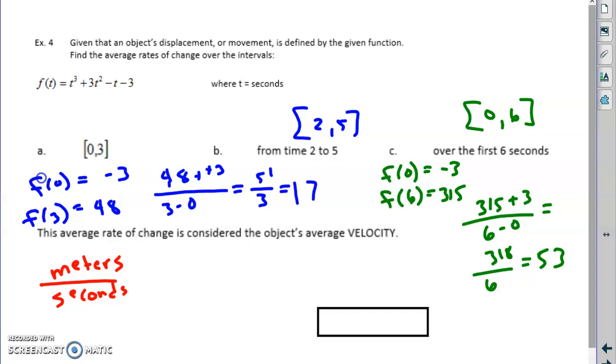From time 0 to time 3, it averaged 17 meters per second. From second 2 to second 5, it averaged, we didn't find it, the answer was 59. And over the first 6 seconds, it wasn't that same velocity all the time. It's a curve, so the velocities are going to change. That's where that tangent line is going to come in. But the average velocity is 53 meters per second.